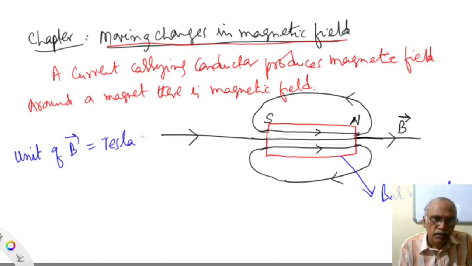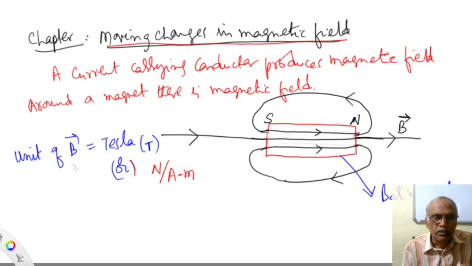In short form we write capital T. Tesla can also be written as Newton per ampere meter. So please remember, the unit of magnetic field is Tesla, and it is a vector quantity.